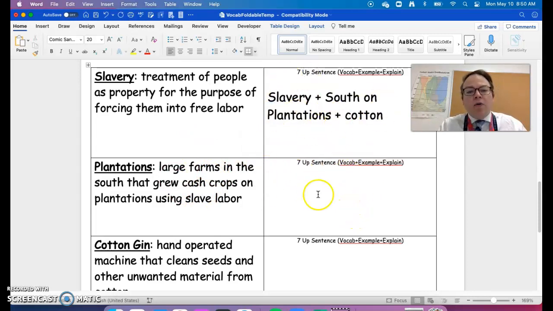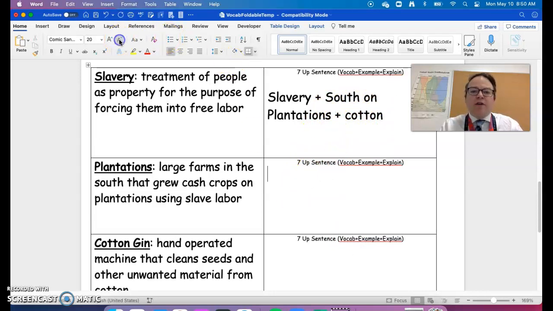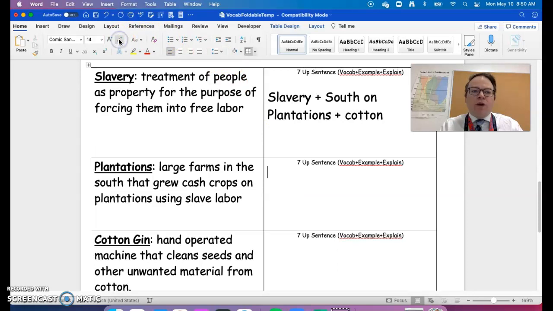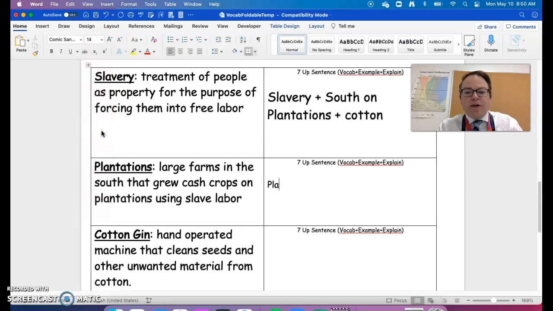All right. Now, when we get down here, how do we make these differences? Well, quite honestly, it's really just changing the perspective. And again, remember, we're writing these as sentences. We're not copy pasting. So down here, we can change the perspective a bit and say plantations, what's our example, in the South, used slaves to grow cotton.